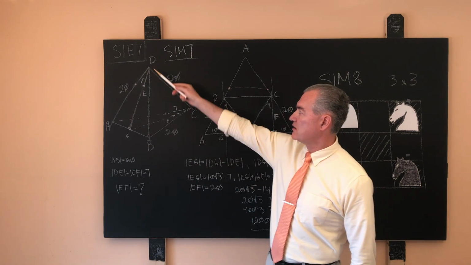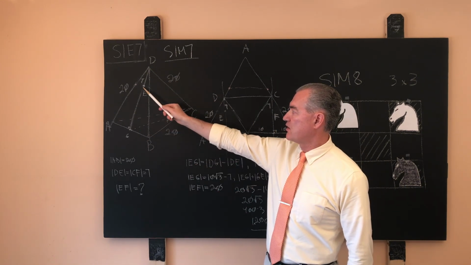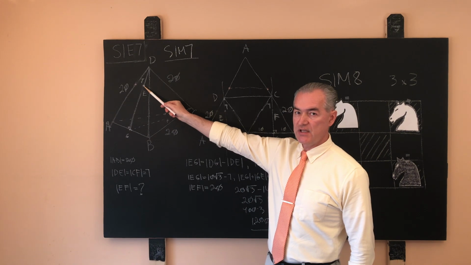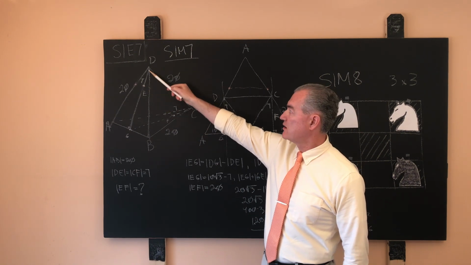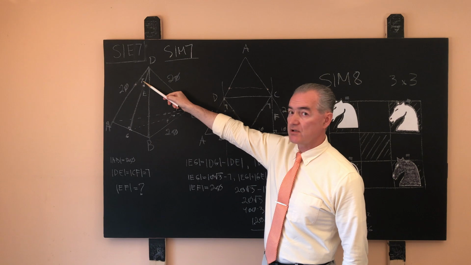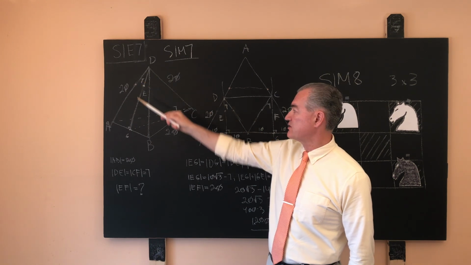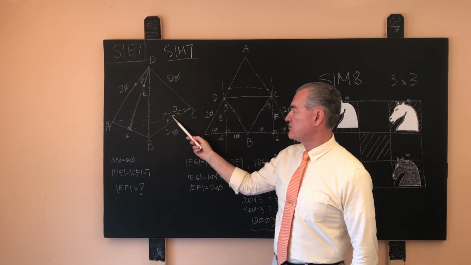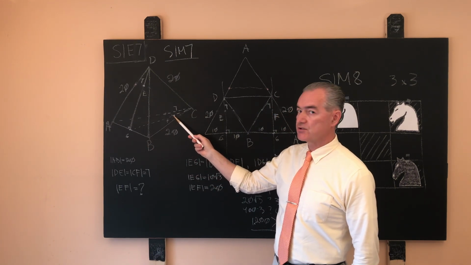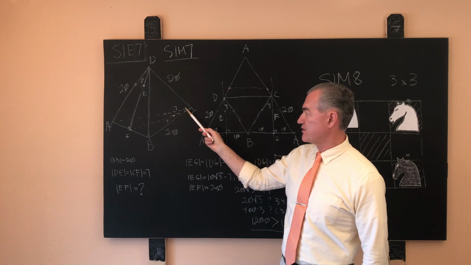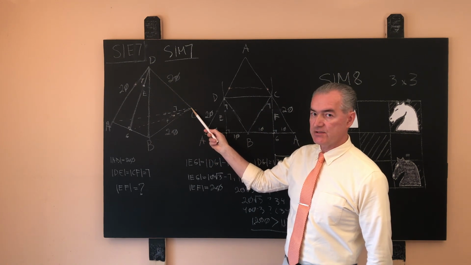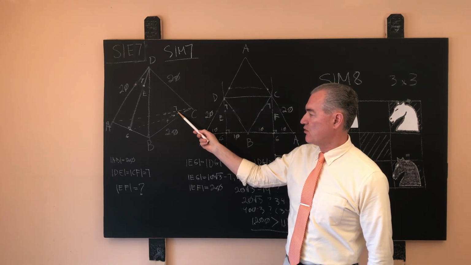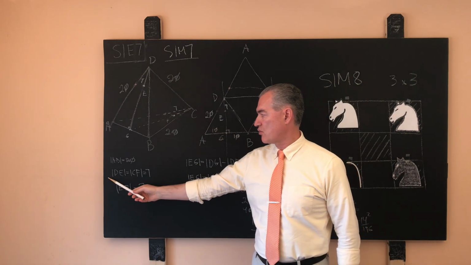Consequently, on the line segment DG, we're given the point E that is displaced from the vertex D by 7 units of distance, and on the line segment CG, we're given the point F that is also displaced from the vertex C by the same distance of 7 units of length as shown over here.